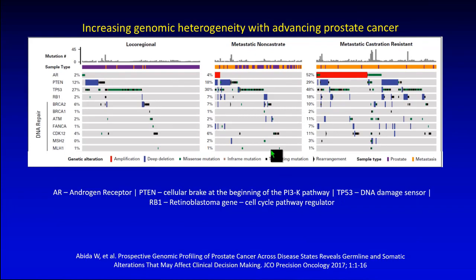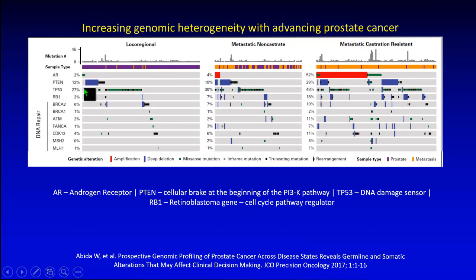And if we look just at the top row, just to magnify it up and give you some idea, if you look at the androgen receptor, in locoregional cancer, it's 2% mutated. Just 2%. It's prostate cancer. It's not mutated, only 2%. But you come over here in castrate-resistant prostate cancer, it's 52%. So you can see how that mutation develops.